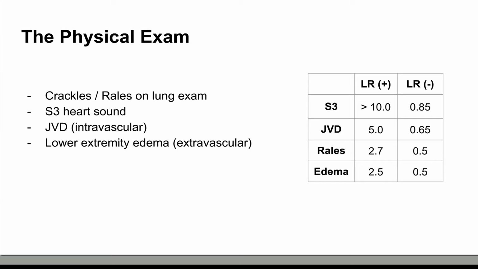Whereas a lower likelihood ratio of 2.5 with lower extremity edema makes you think it is still more likely this person is coming in with heart failure, but is less convincing than some of the other physical exam findings. Similarly, with negative likelihood ratios, if these physical exam findings are not present, it slightly points you to think that this is not necessarily acute decompensated heart failure, or at least less likely.